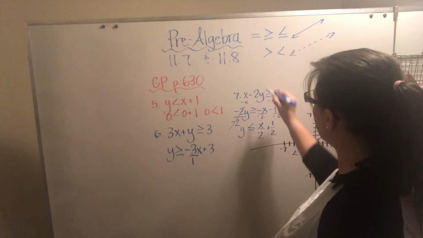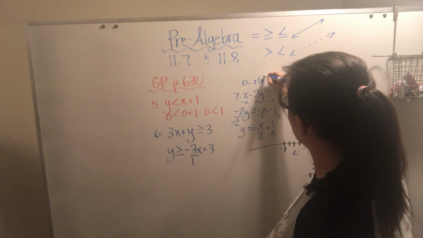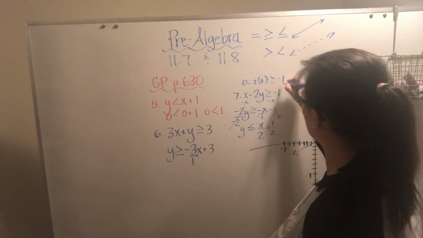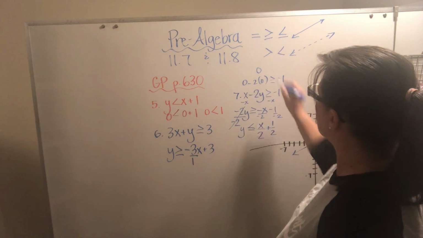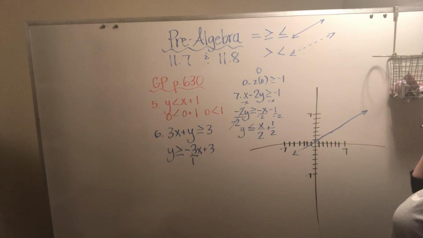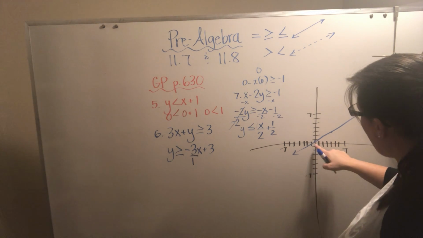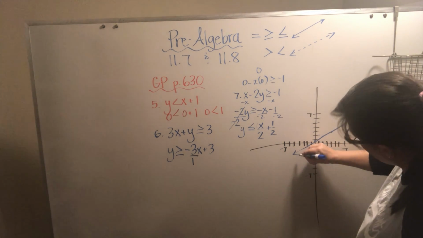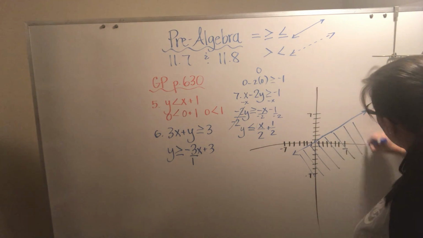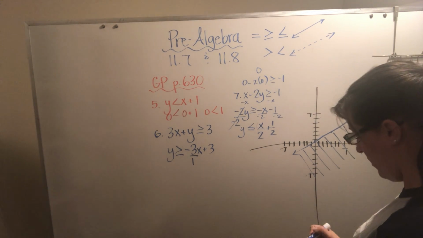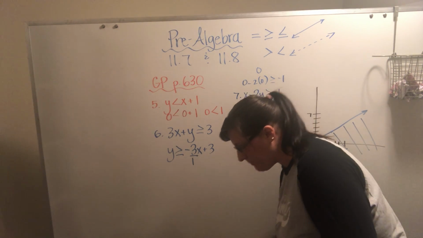So let's see what happens if I put 0 minus 2 times 0 greater than or equal to negative 1. 0 minus 0. So is 0 greater than or equal to negative 1? Yes, it is. So my inequality here, the solutions are all down here. They include the origin, the solutions for that inequality, excuse me.